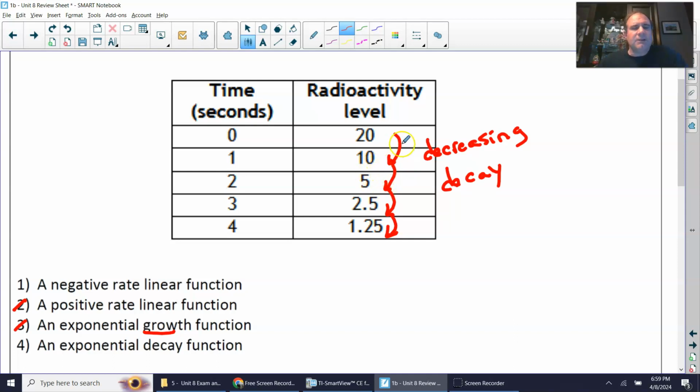It's not minusing 10, so that means it's multiplication of a half. 10 divided by 20, the second number divided by the first, you would get 0.5. That's times 0.5, times 0.5, times 0.5, and then times 0.5. So this is an exponential decay, not linear.